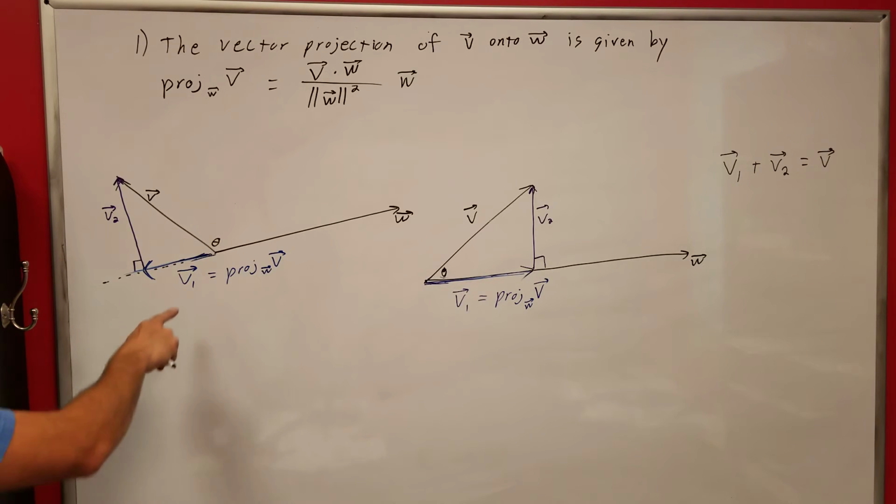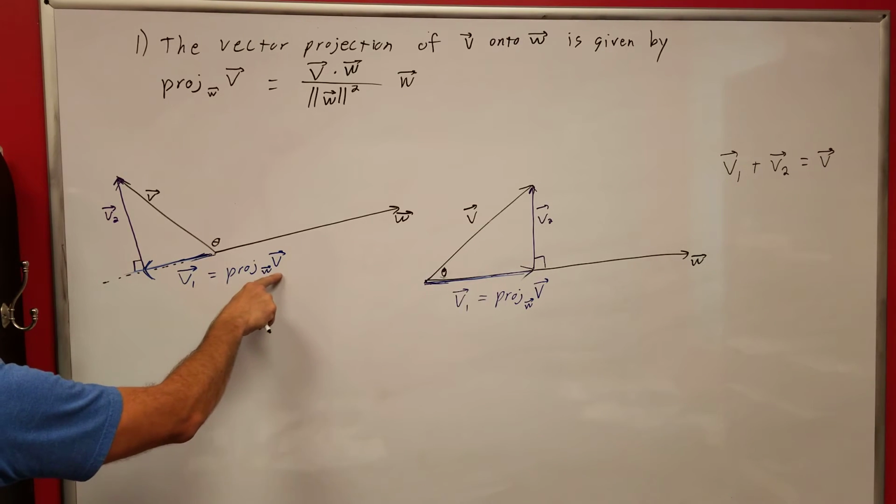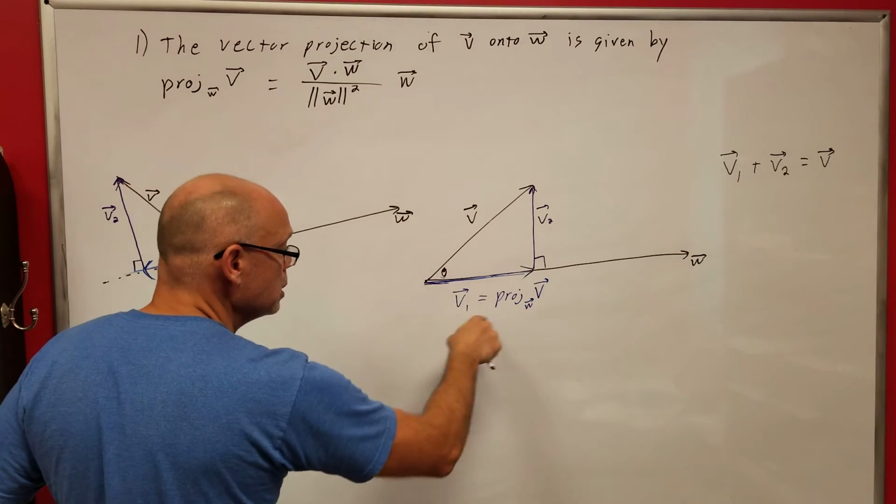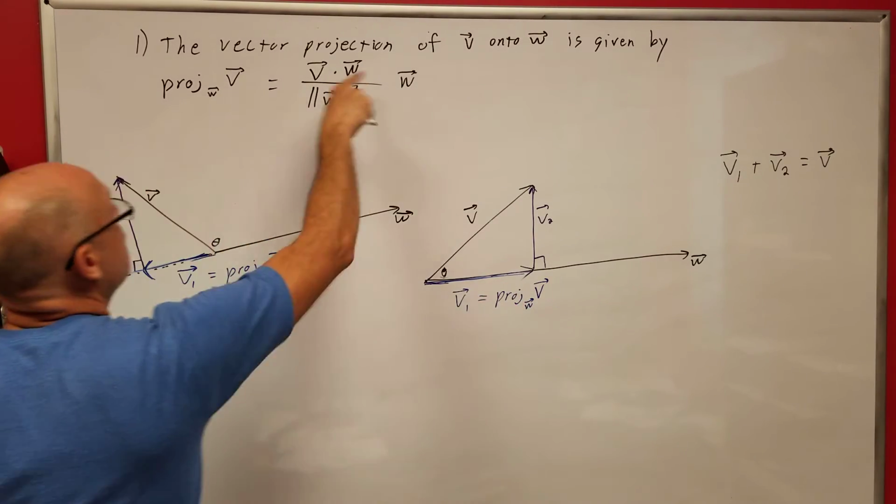So in other words, if I want to find this vector, the projection of v onto w, here's how I calculate it.